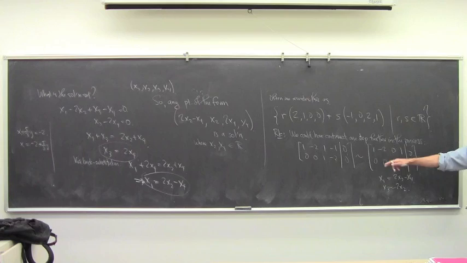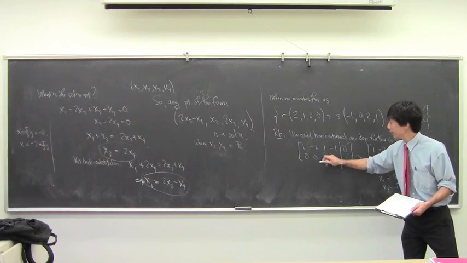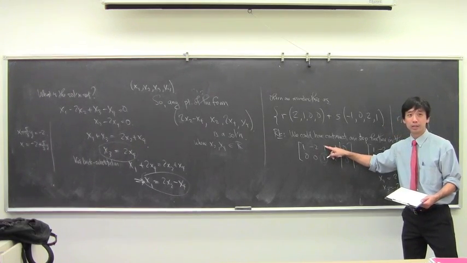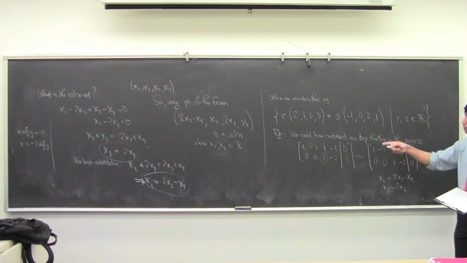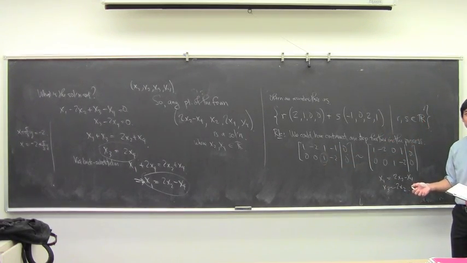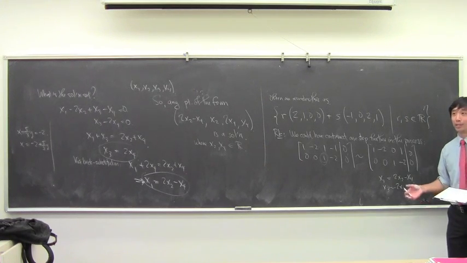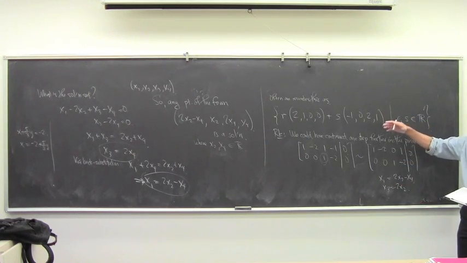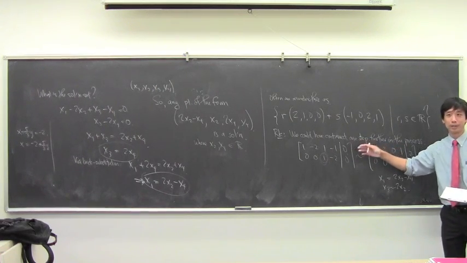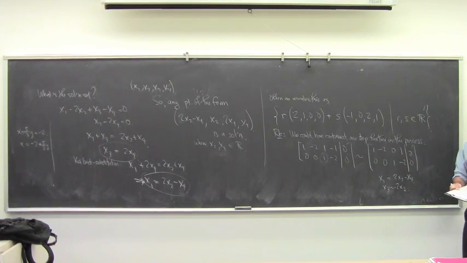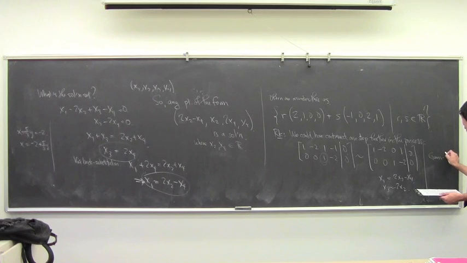If you had used this pivot to clear out above as well as below, then you wouldn't have to go through the back substitution. It's just, you know, whatever you want to do. If you want to stop there and then do back substitution, or you want to go here and then use this thing to clear out above, it's actually the same amount of work. So it's really up to you. But sort of regrettably, this is given a name, Gauss-Jordan reduction.